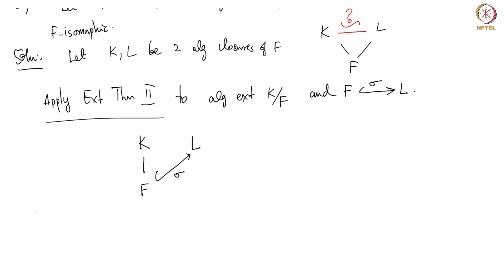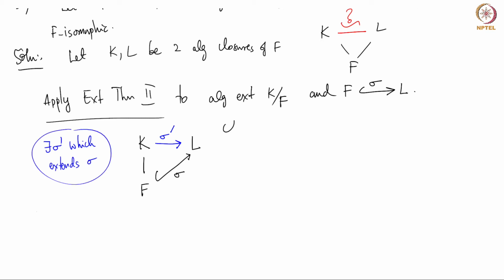Then by the extension theorem there is a map like this, sigma prime I think I called it. So there exists sigma prime which extends sigma. That is the conclusion of the extension theorem.